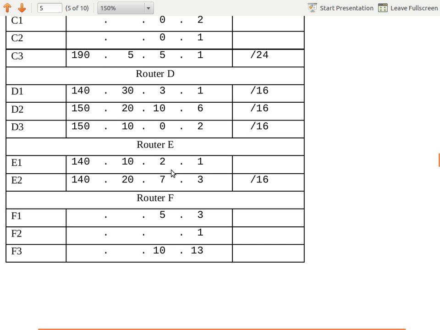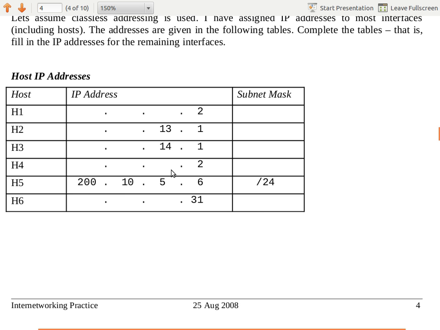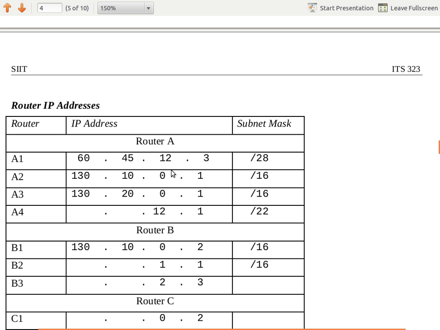Any questions on how to do that? Yep. So for all of these other addresses, you'll be able to find, I think, unique values. With one case, H2, H3 and A4, they're all on the same subnet.